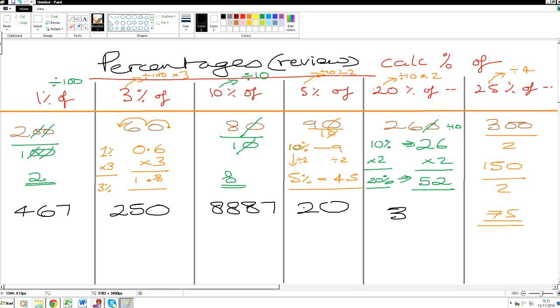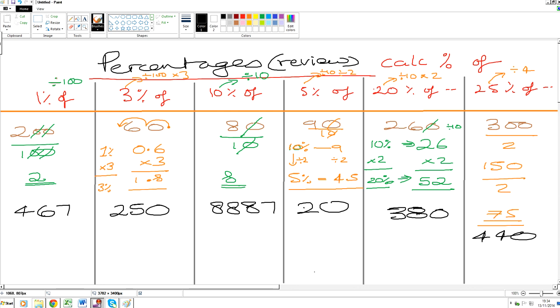How are you going to work that? So you're going to work out 1% of that, 3% of that. Now, your turn. If you know the answer, do you have to write a method still? Yeah, of course.